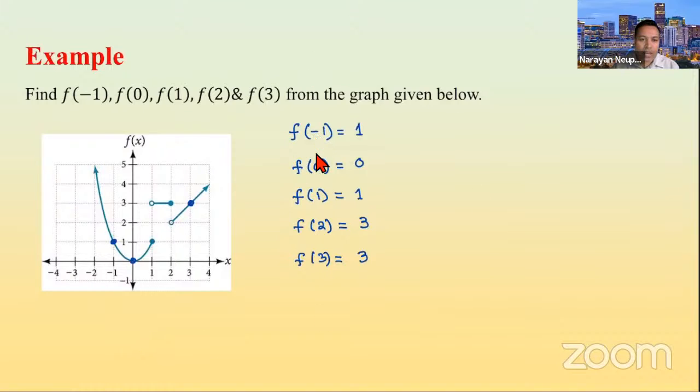The values inside the parentheses are the values at which we are evaluating the function. Those are the x values, or input. And these values that we get here are the values of the function, or output values. So that's how we can find the values of the function from a piecewise defined function.